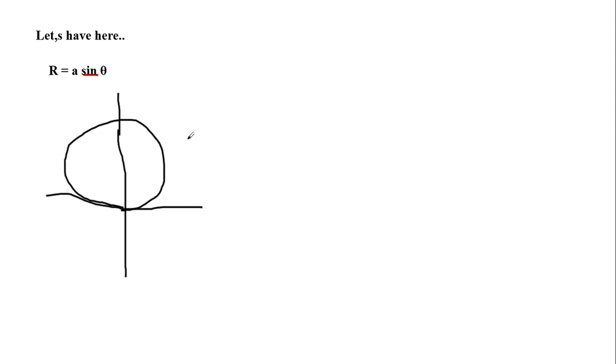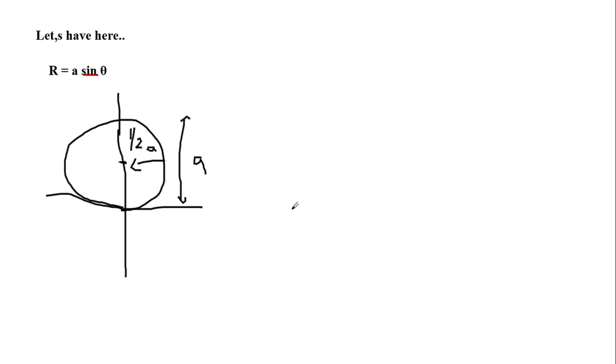And then this is the half of A. And then this is our diameter or the distance of A. And the circle would be centered on the x-axis and goes above the x-axis, if our A is positive.